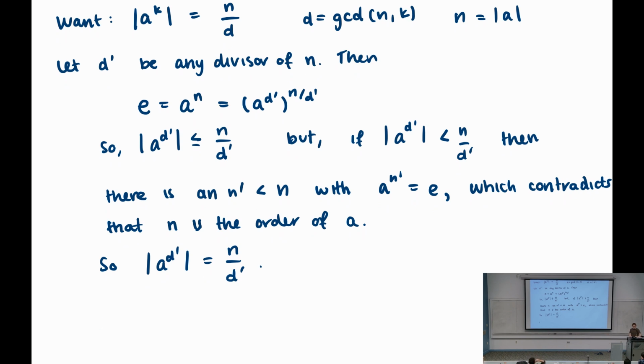Okay, so then if we're looking at a to the k, this is, of course, equal to the order of the group generated by a to the k.